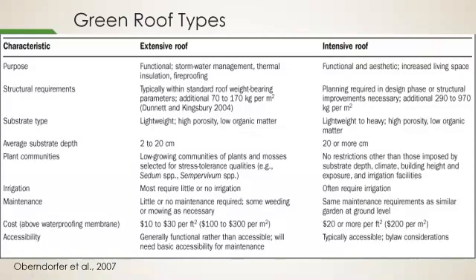And then a general baseline for costs. General estimate is anywhere from $10 to $30 per square foot for an extensive green roof. And intensive is going to be 20 or more. And so again, accessibility, usually extensive roofs are more for the functional side of things, but still need to have access for maintenance.